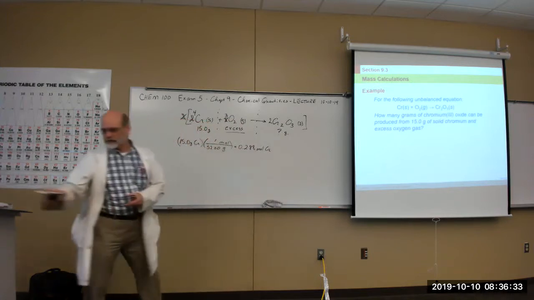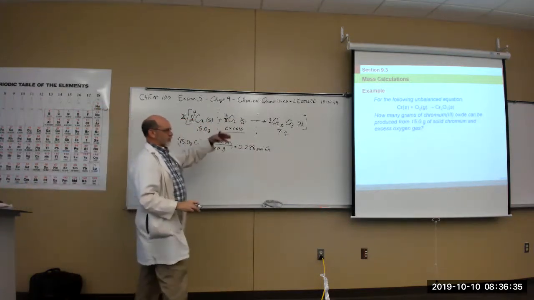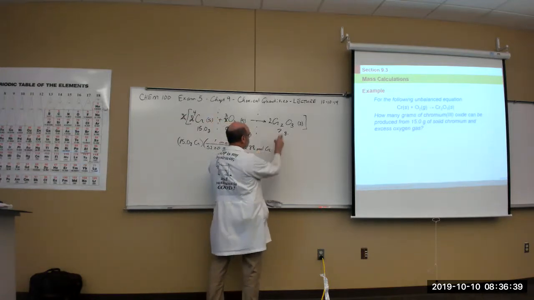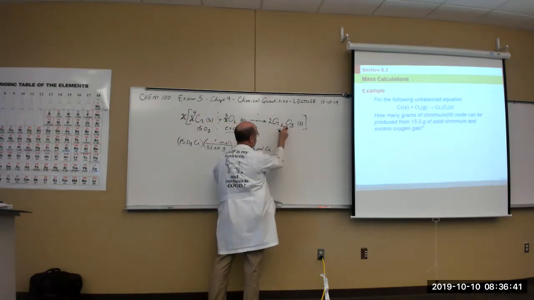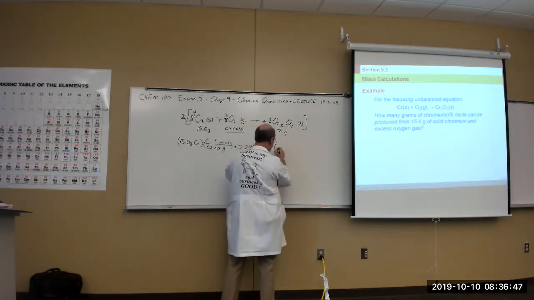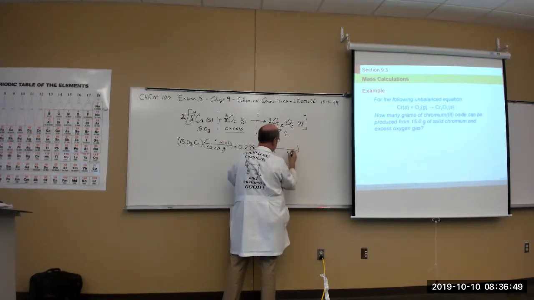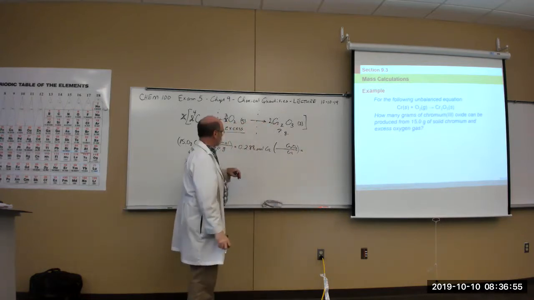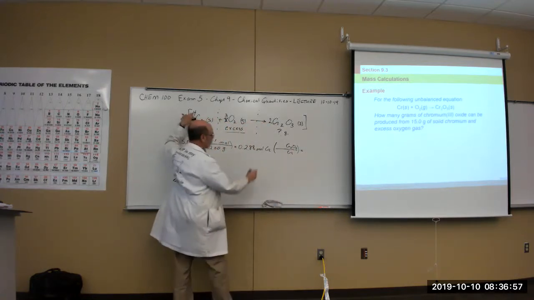Now you've got moles. You can go anywhere you want to in that equation. We're going to convert moles of chromium to moles of chromium-3 oxide. So we need a conversion factor that will convert that to this. Right? So we got 4 chromiums, right?